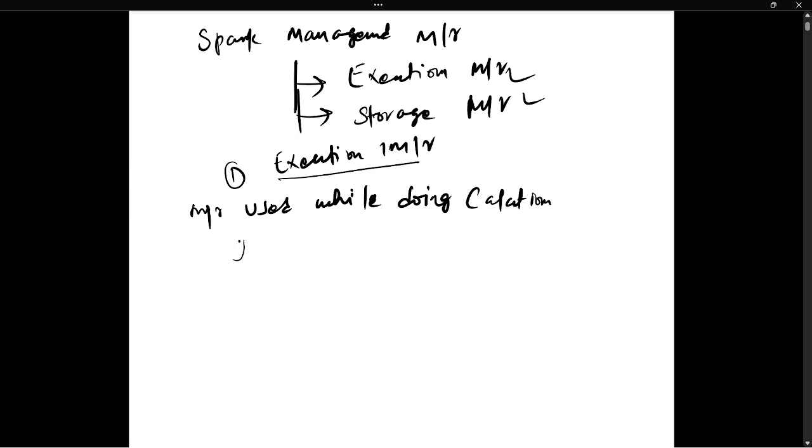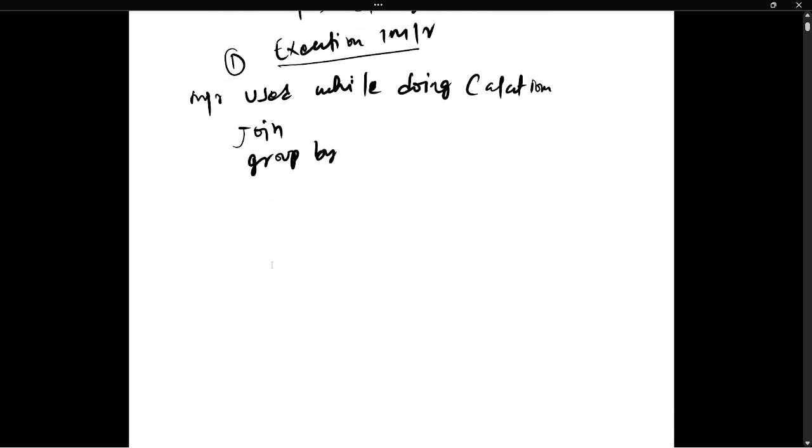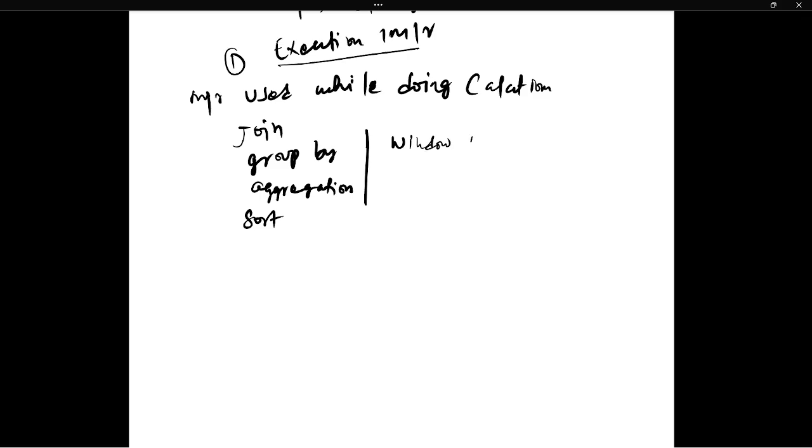So what are the examples? We have the join, group by, aggregation, sort, window function, shuffle operation.